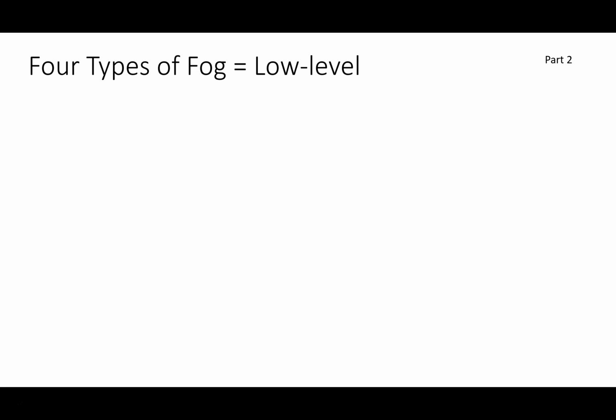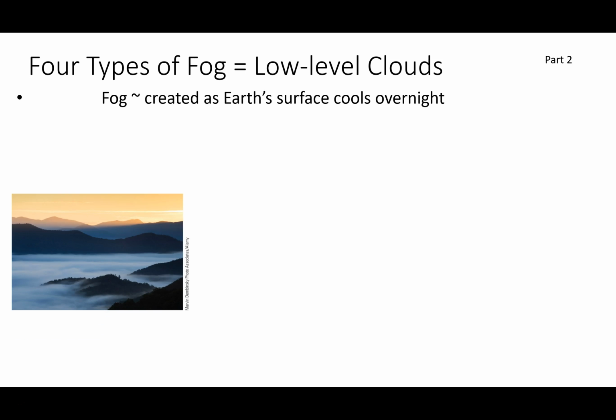All right, fog. So fog is like a stratus cloud, relatively low level. This radiation fog is like, I think, the ones that kids hope for when they go to bed, radiation fog.